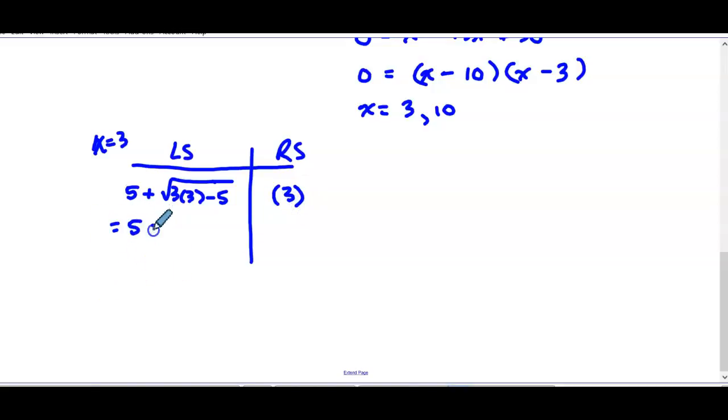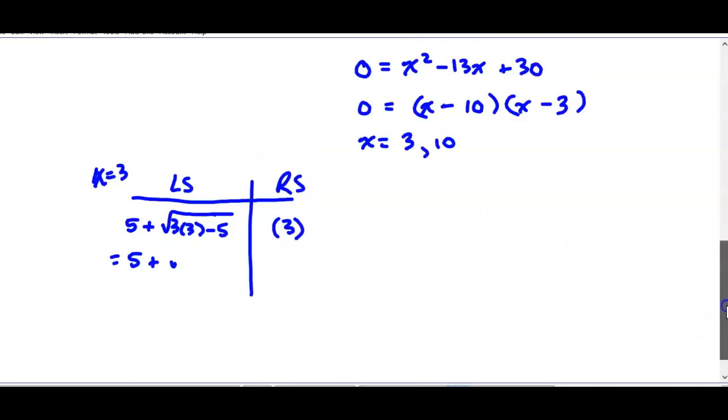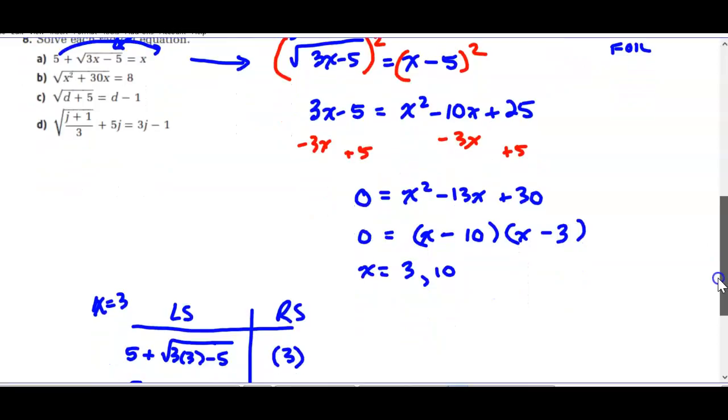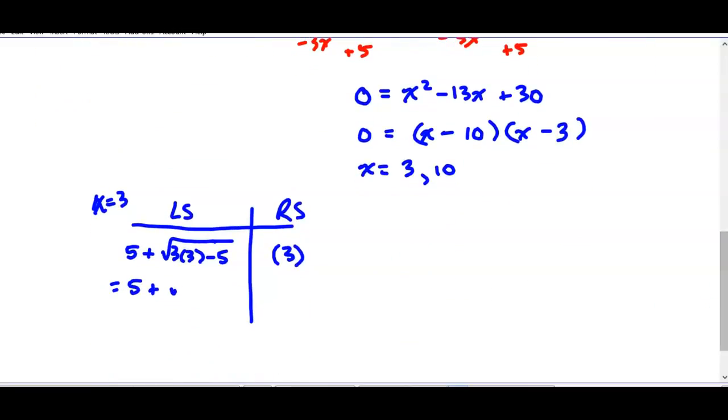So that's going to be 5 plus, no, I copied something down wrong here, just a sec. Yeah, okay, that's right. And so here, 9 minus 5 is 4. So that's going to be 5 plus 2, which is 7. Notice how the right side here is 3. So the left side is not equal to the right side. So that is an extraneous solution.